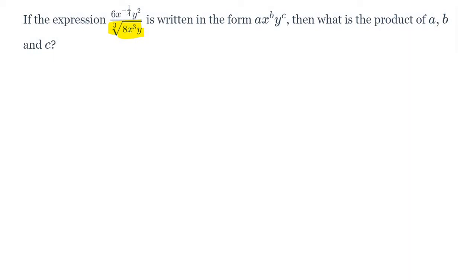So let's keep the numerator the way it is: 6x to -1/4 and then y to the second, divided by, now I'm going to put the radicand, the expression inside the root, everything to the power of 1/3.